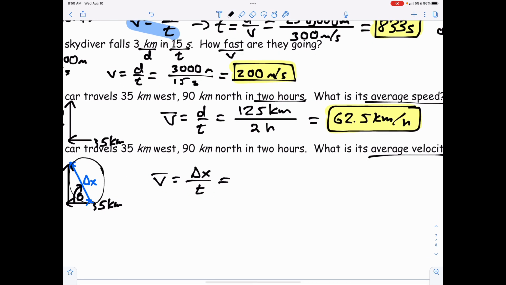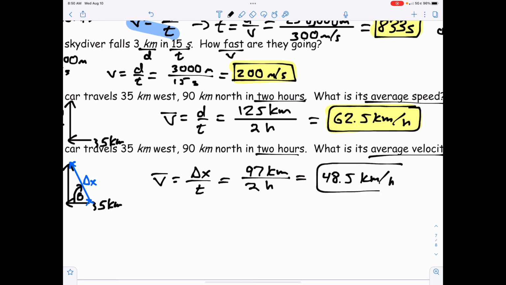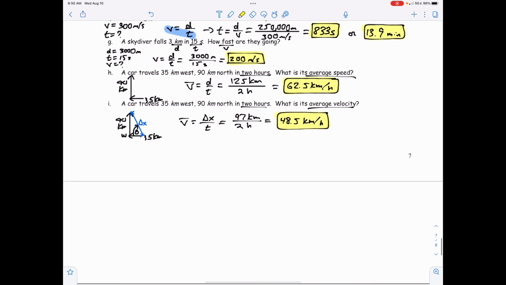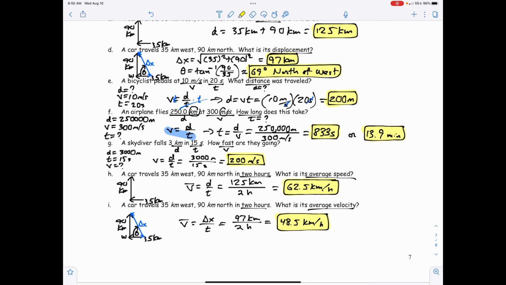In other words, the hypotenuse of that triangle there. So 97 kilometers divided by the same 2 hours would be about 48.5 kilometers per hour. So sometimes average speed and velocity are the same. Sometimes they're not. It does depend on whether you're going in 1 dimension, meaning in a straight line, or 2 dimensions, meaning your path changes or curves.